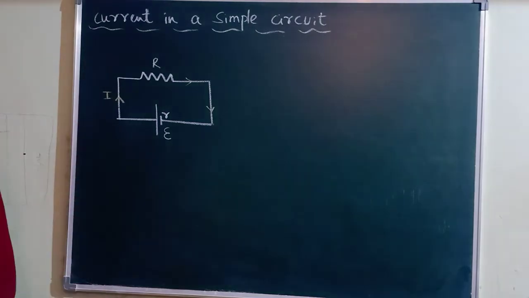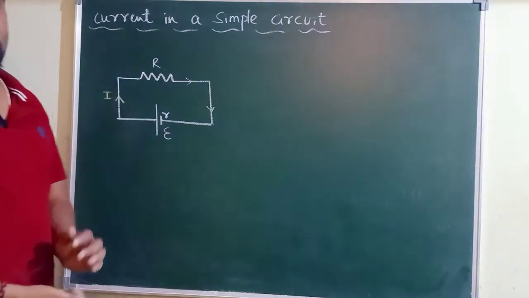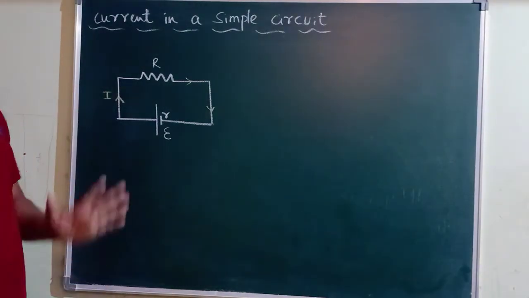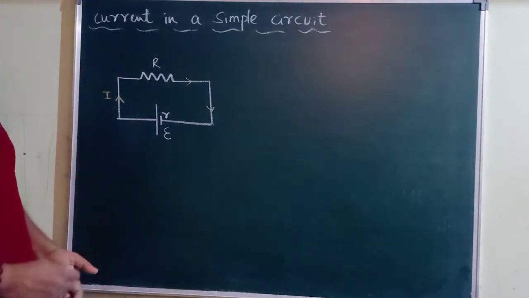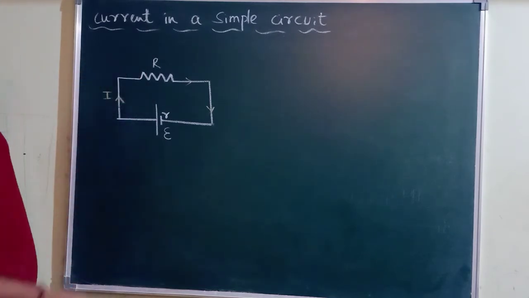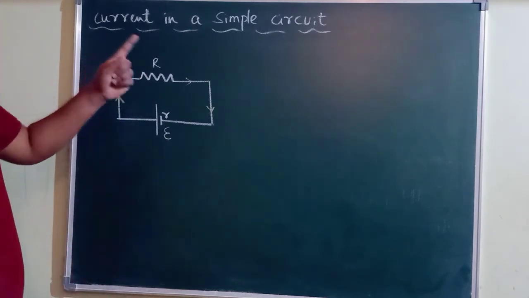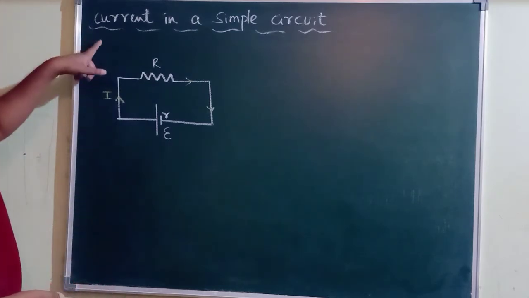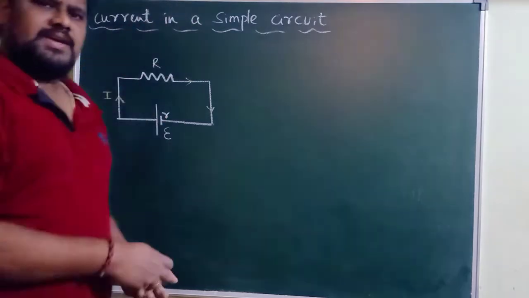The net opposition exerted by the external circuit, we call the external resistance R. And I is the current flowing through the circuit, also called current in a simple circuit.